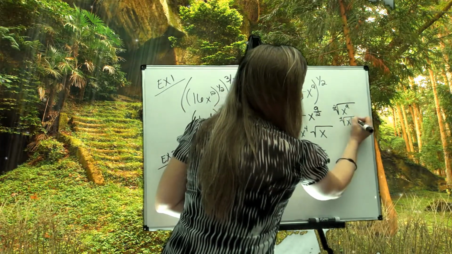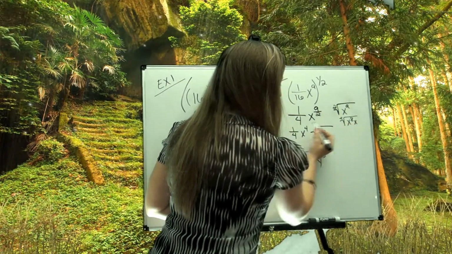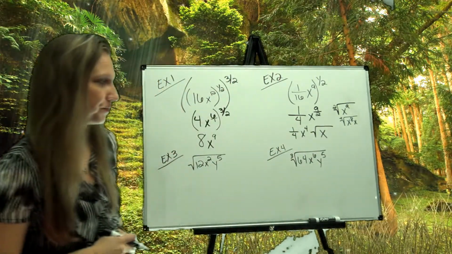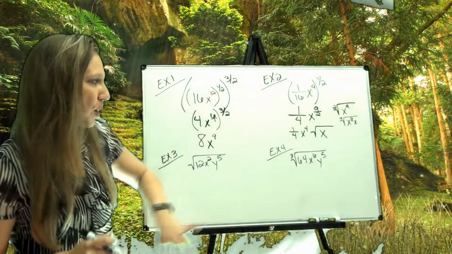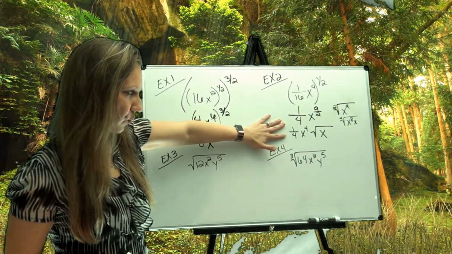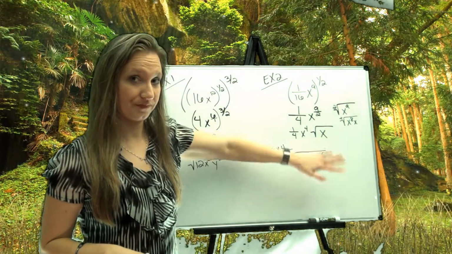Well, I'm going to do x to the 8th, because if I have 8 over 2, that is the 4, and then the 1 x is left inside the house. These take a little bit of practice, but these are 2 different ways of thinking of the same concept. You would end up the same way. So this would be called reduced radical form.